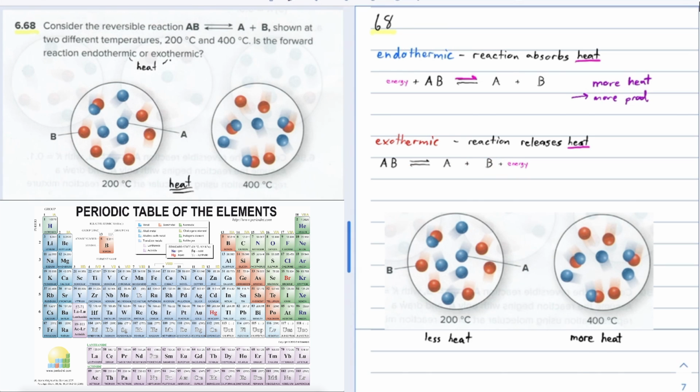And so giving it more heat in this case would cause it to go backwards and form more reactant. You'd get less product and more reactant. So I'm going to put here for an exothermic reaction, if you give it more heat, you're giving it more of the material on this side, and that's going to help it go in the reverse direction. So I'll just say less product.